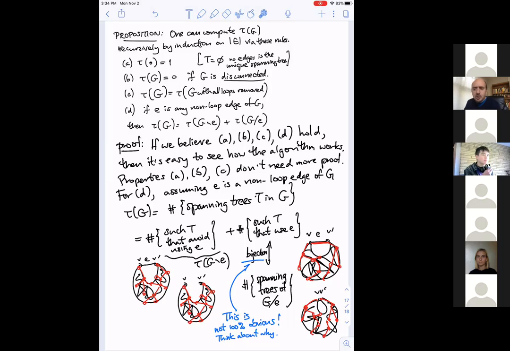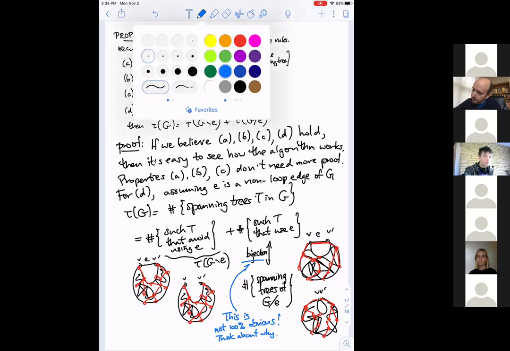And one thing you should think about is the backward map, right? If I start with a spanning tree in the contraction, that's what this was supposed to be a picture of, by the way.